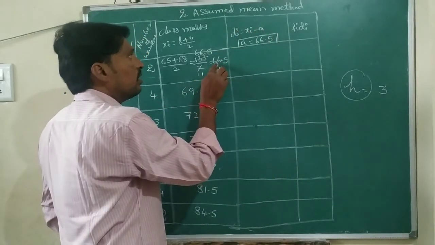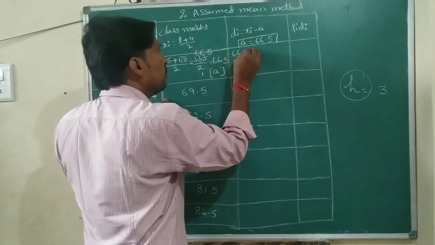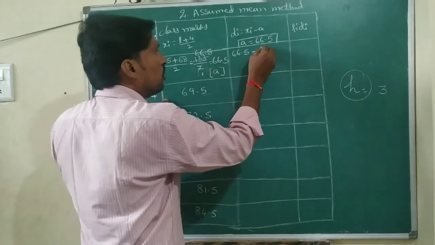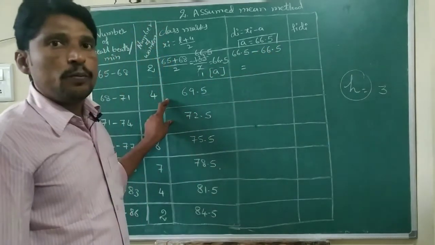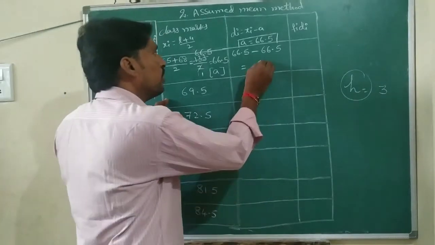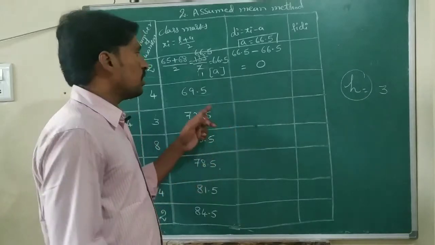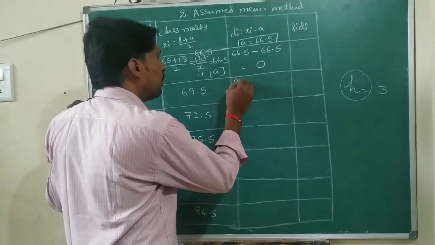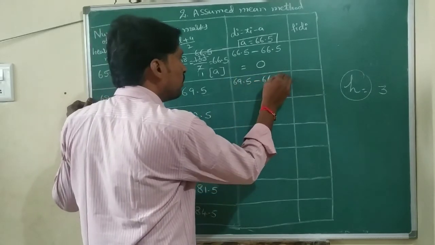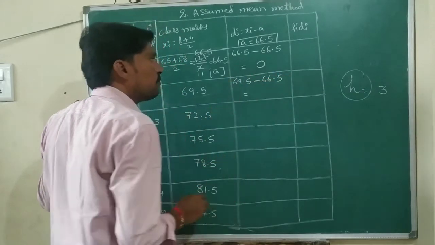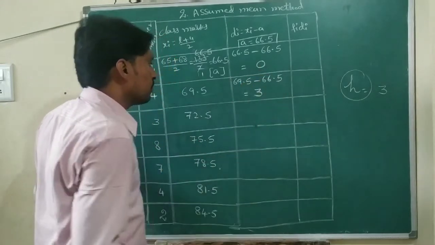For this class interval, the class mark xi is 66.5 minus the assumed value, also 66.5, so we get 0. Next class interval, class mark 69.5 minus a, 66.5, we get 3.